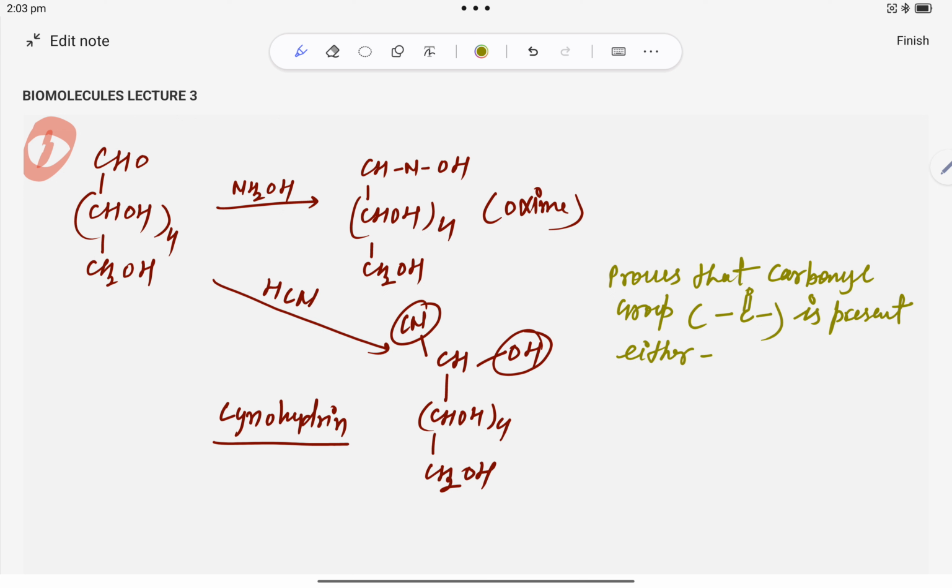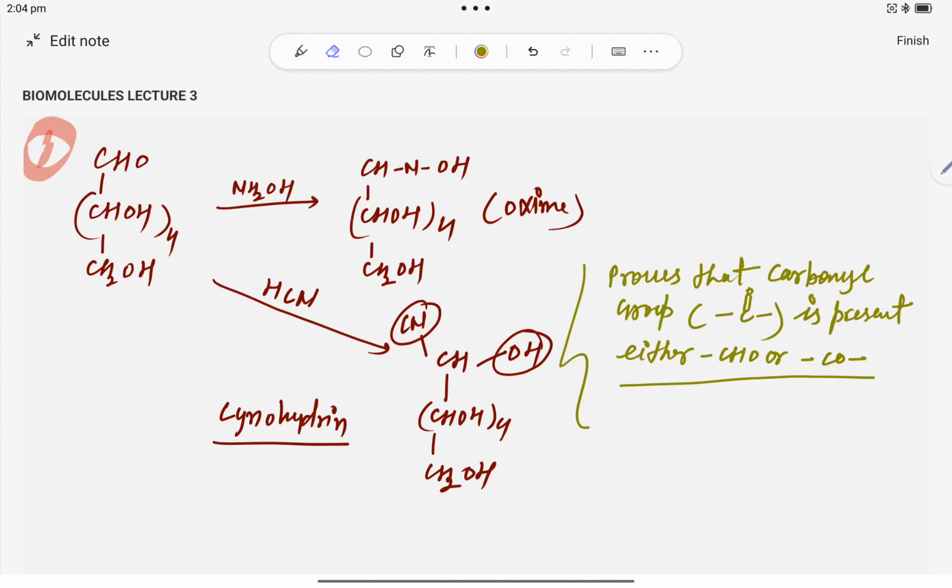Either it is CHO or a ketone CO, that we cannot decide here, but by these two reactions, because they are shown only by carbonyl compounds, we can say that a carbonyl group is present. It may be aldehyde or ketone. In the next point we will discuss.